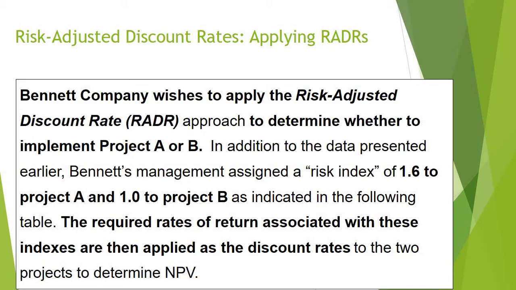Suppose Benefit company wishes to apply the risk adjusted discount rate approach to determine whether to implement project A or project B. The company's management assigned a risk index of 1.6 to project A and 1 to project B, and the required rates of return associated with this index are applied as discount rates to the projects to determine NPV.